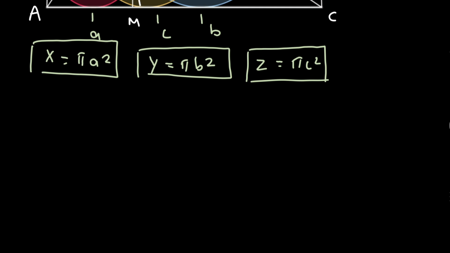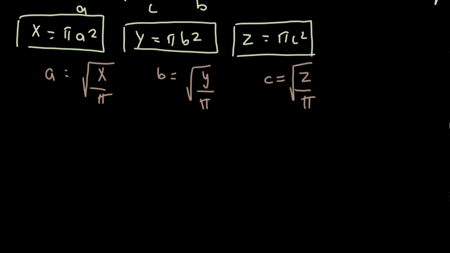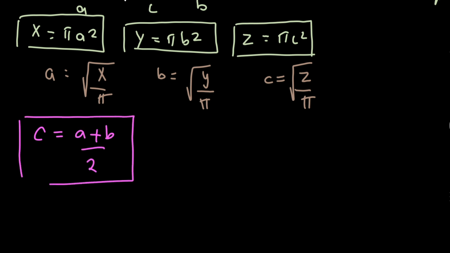So previously we have seen these three equations, that were a relation between the area and the radius. So simplifying this further, we can get the value of A as square root of x upon pi, the value of B equal to square root of y upon pi, and the value of C equal to square root of z upon pi. Okay, now the relation that we just got, that C equals A plus B upon 2. In this relation we will replace C, A and B with these values.